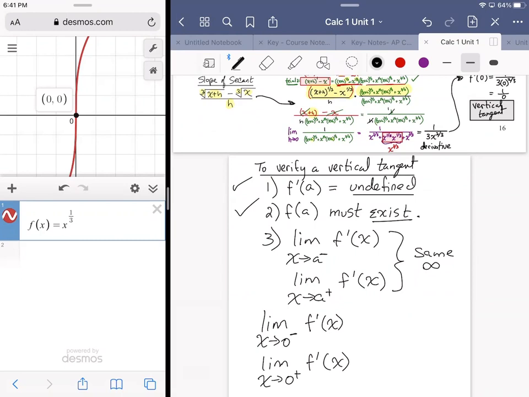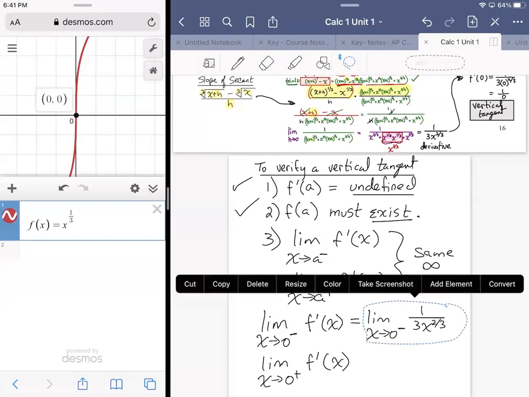And so here, what we would have to do is evaluate this numerically. So in this case, this is the same as saying the limit as x approaches 0 from the left of 1/3 times x to the 2/3. And then it would really be the same thing.